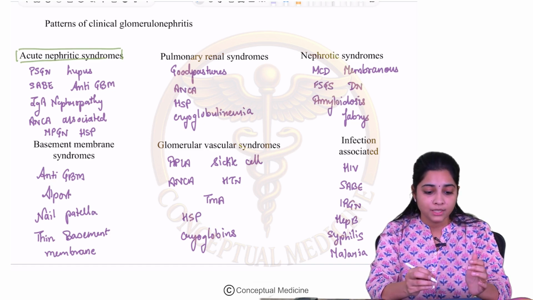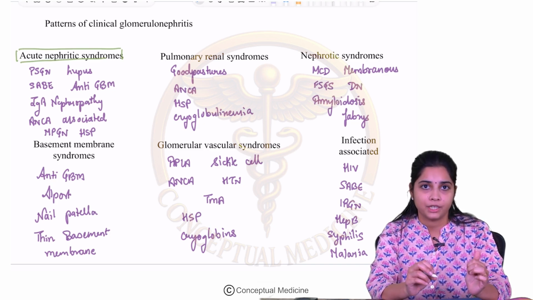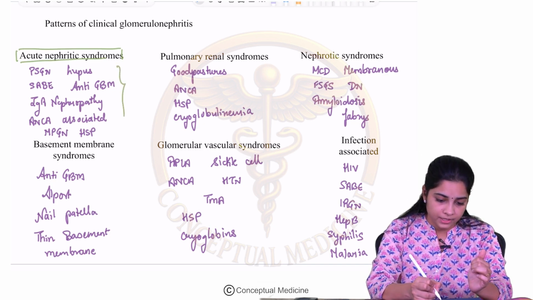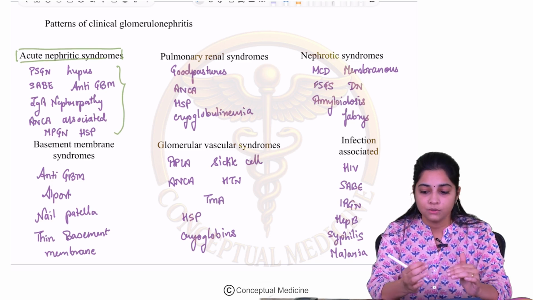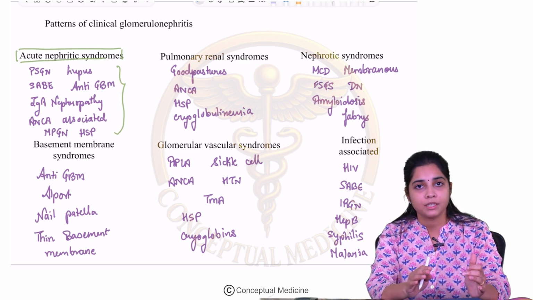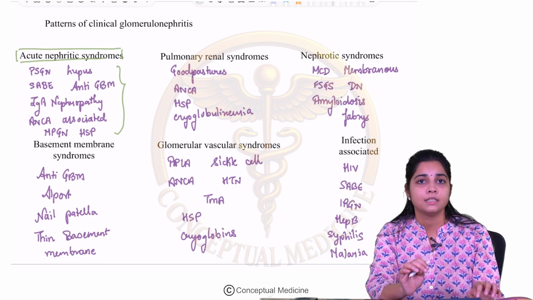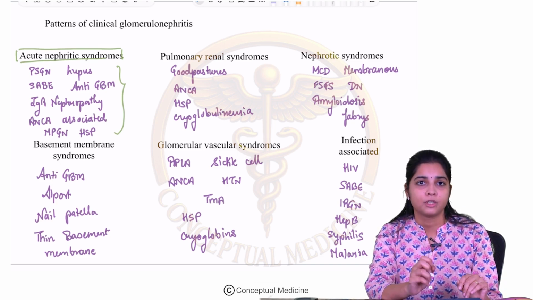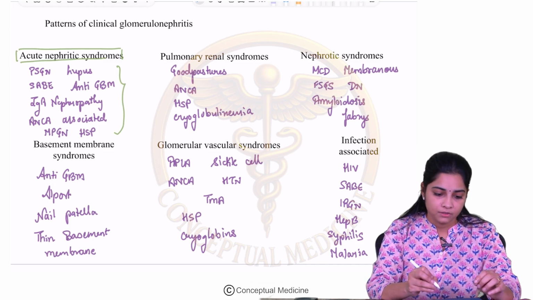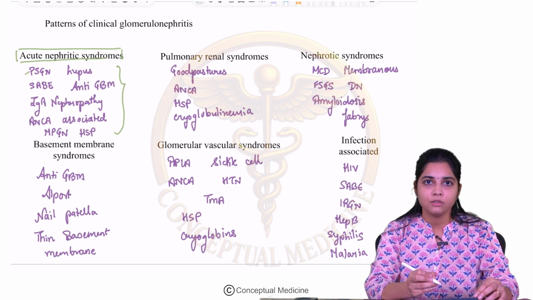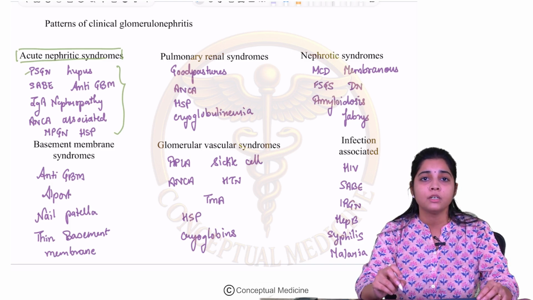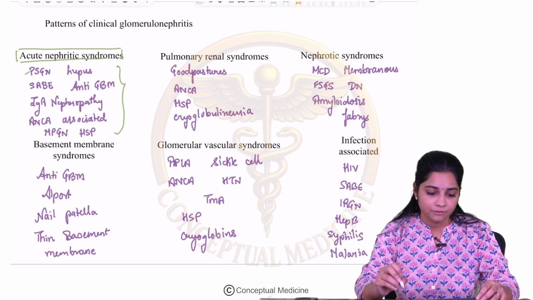Okay. So what are all the causes of acute nephritic syndromes? So this is your list. In this list you can have a lot of overlapping conditions with other patterns as well. But this patterned approach makes it easier to understand what sort of glomerular pathology you are dealing with. So PSGN stands for post-streptococcal glomerulonephritis.